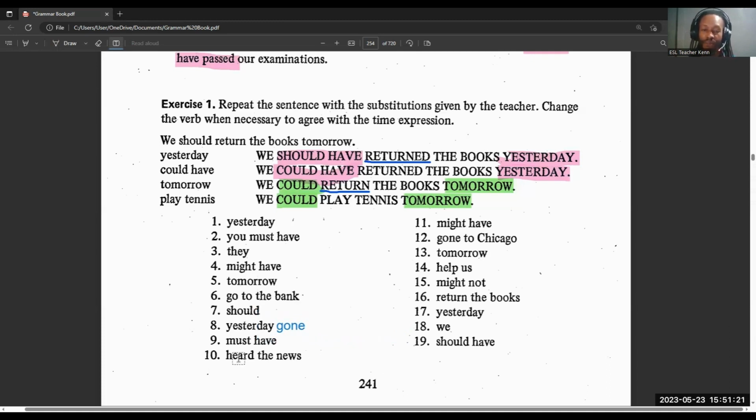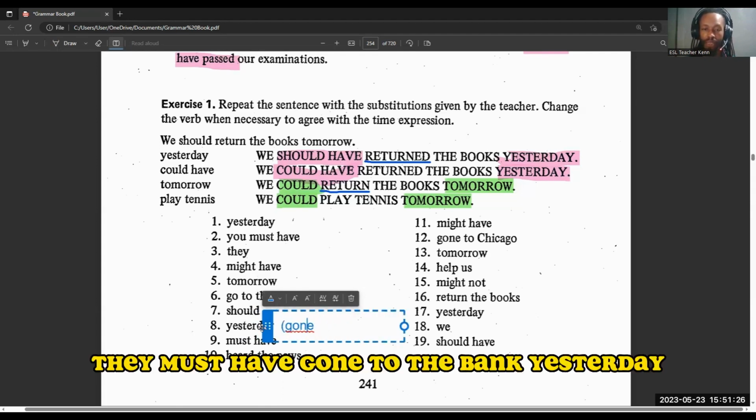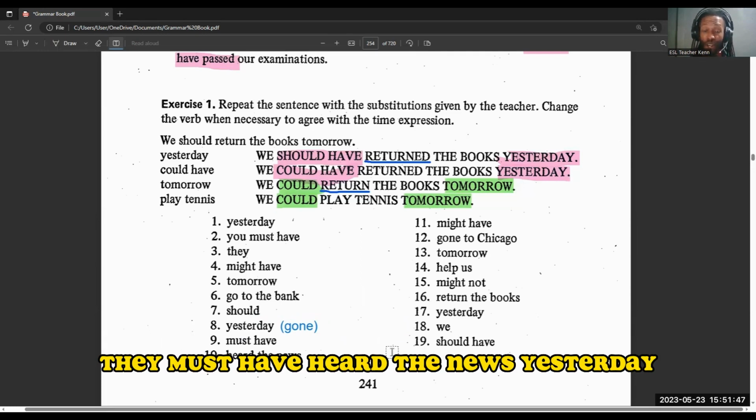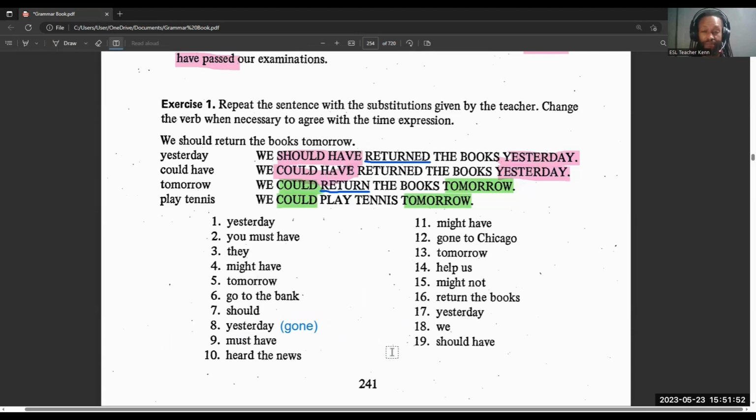Must have. They must have gone to the bank yesterday. Heard the news. They must have heard the news yesterday. Might have.